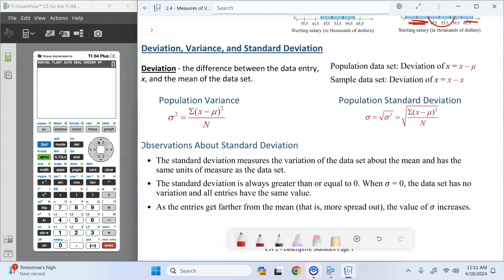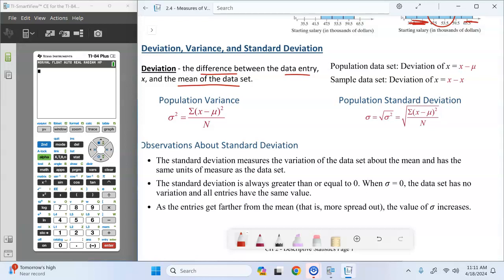Deviation just measures the difference between any given data value and the mean.